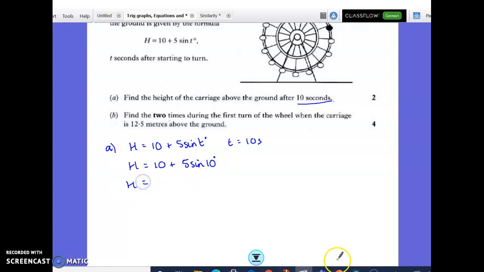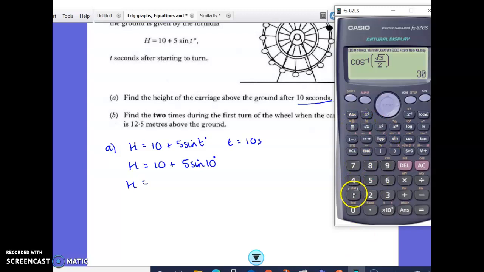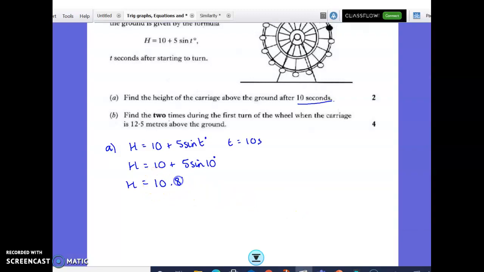Type that into my calculator. 10 plus 5 sine 10. I get 10.87.